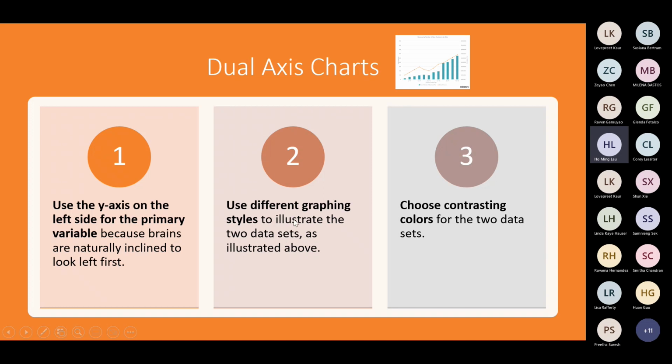So in this one, this will be the primary variable, and that will be the secondary variable. And also use different graphing styles to illustrate the two data sets, as illustrated above. And also choose contrasting colors for two different data sets. Here I have chosen green and then the line is red.